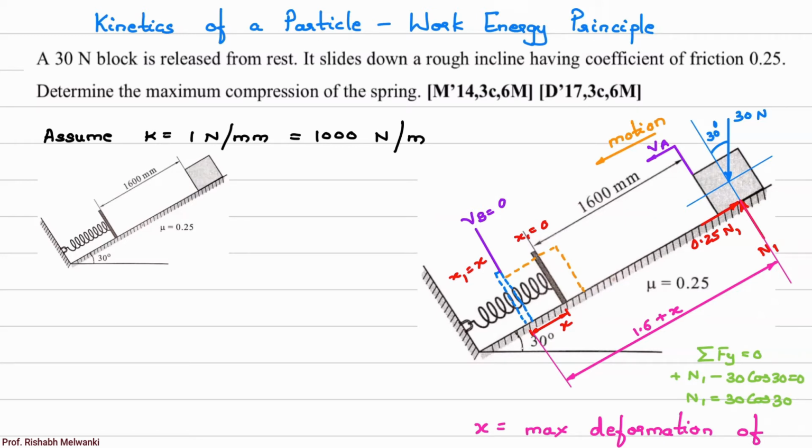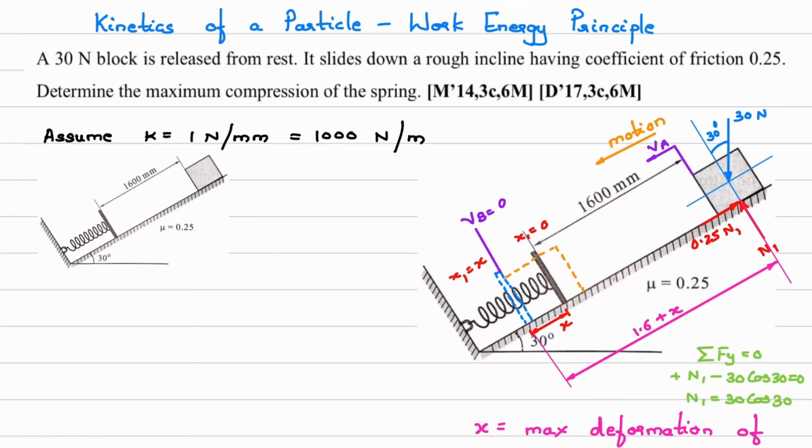In such cases where K is not given in the question, first you have to see whether you can calculate that K. If it is asked in the question to calculate K, or if K value is given, you have to take that K value or calculate that K value. But here since nothing is mentioned about K, I have assumed value of K. Your assumption could be anything. You can assume 500 Newton per meter or any values.